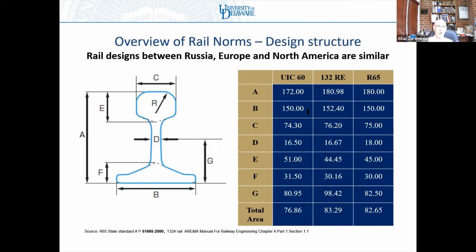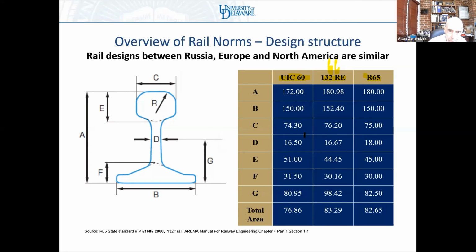Here, just to give you an idea of the differences between types of designs, I compare a UIC 60 with a 132 RE rail, which is really a 66, and with an R65, a Russian rail section. You're all familiar with UIC 60, a standard UIC design. This is a heavy axle load type of design, and this is a Russian design.